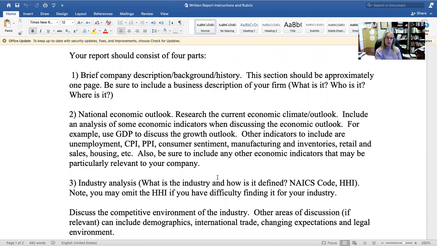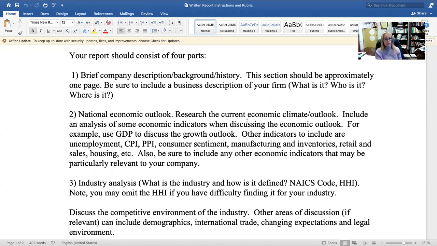You're going to be looking at all of these economic indicators. Just think about the economy in general. How is the economy affecting this company and this industry? What's the outlook, based on what's going on in the economy and what you think is going to happen going forward? So you're going to research the current economic climate and outlook.